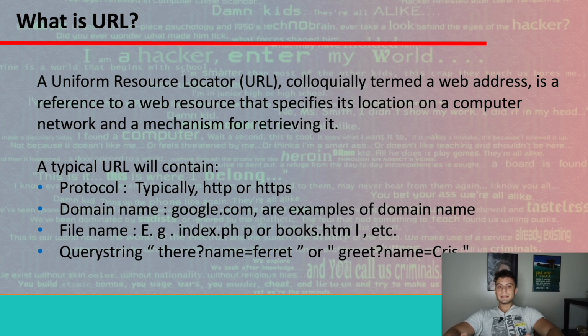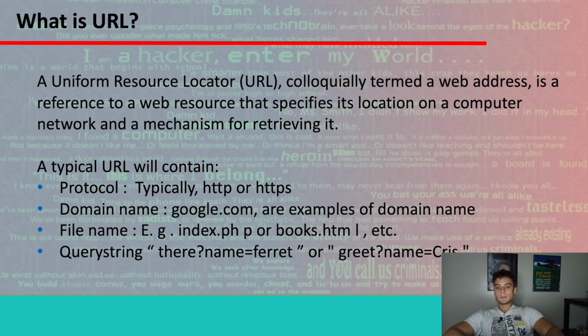And what it basically does, it leads us to a web address, okay, to an address in the web. So it basically acts as a reference to a source that is located on a specific computer network, and basically provides us a mechanism to retrieve that source and actually use it for our own purpose.